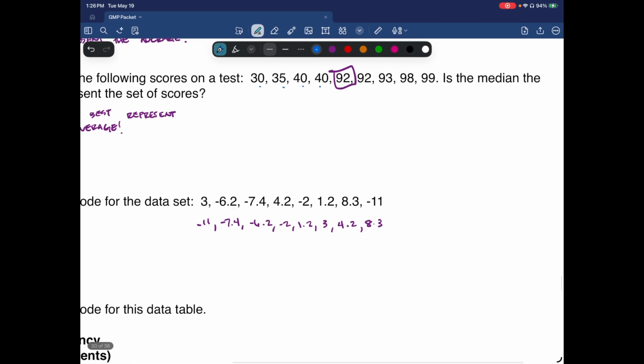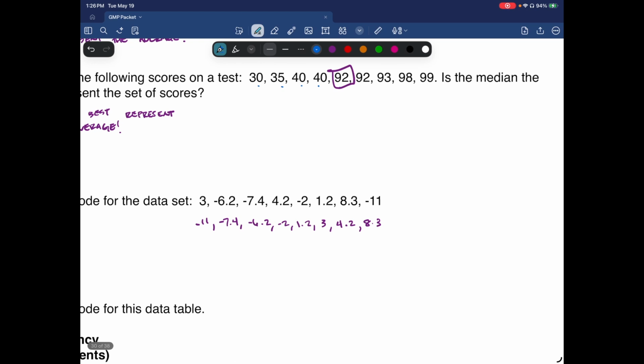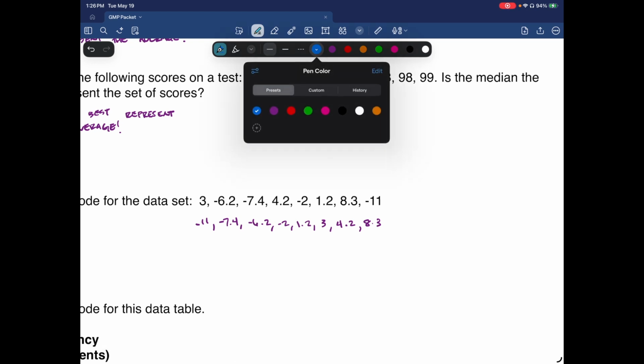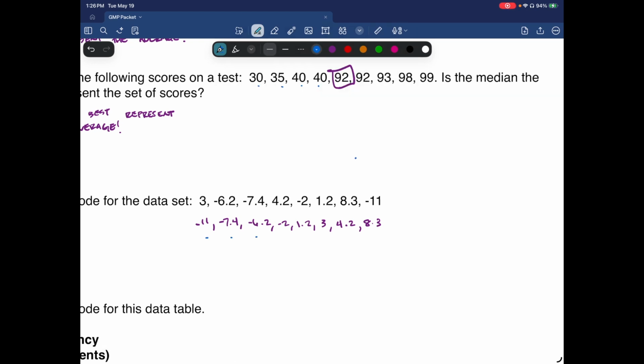All right, there's 8 numbers, so my median is going to be, let's see, 1, 2, 3, 4, 5. So my median is going to be between these two numbers. So I got negative 2 plus 1.2 divided by 2, and that's going to give me negative 0.4.